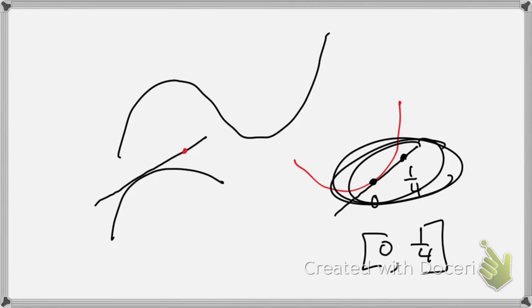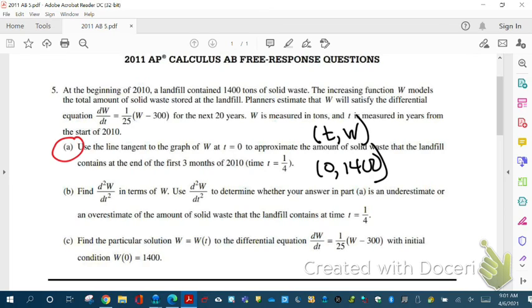Okay? Hopefully I'm hinting without being super duper clear, because I want you to still work this out on your own. Let me go back to the question. So in part A, you're writing an equation of a tangent using this point and slope at that point. After you write the equation, you're going to use it to estimate at t of 1/4.